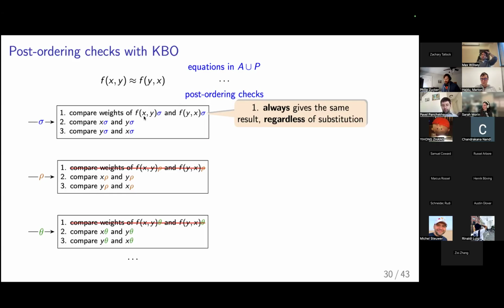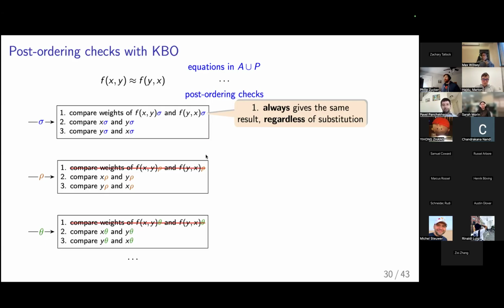This means that whatever weights we have for x sigma will be the same also here. So this is context independent. It doesn't matter where this x is, because if we instantiate it and compute the weight, it will be the same. Got it. No matter the places where we have an x. Okay.